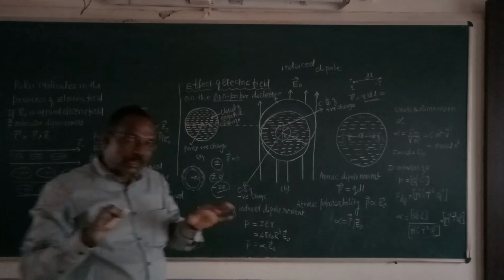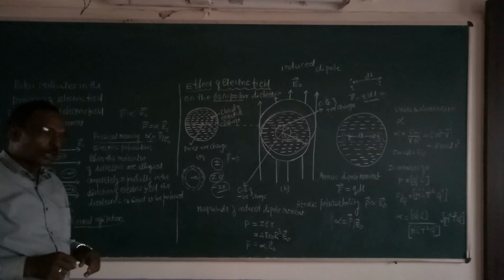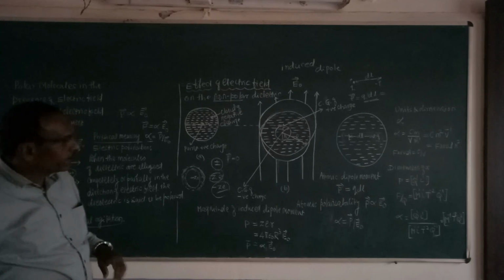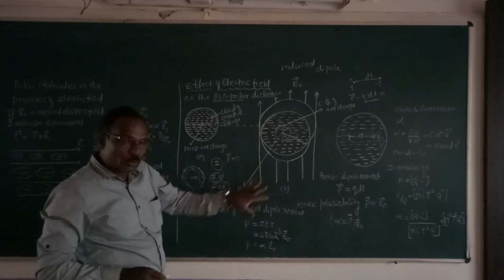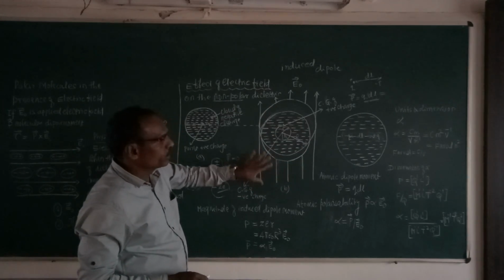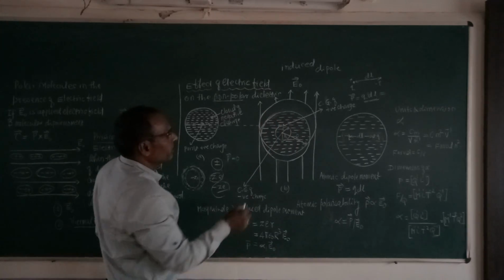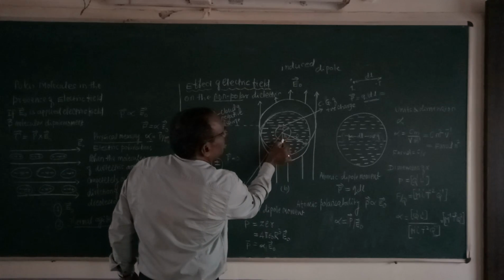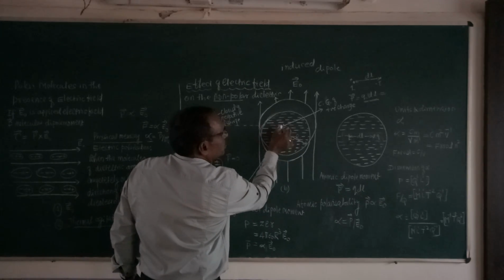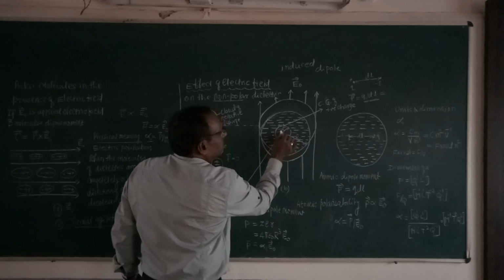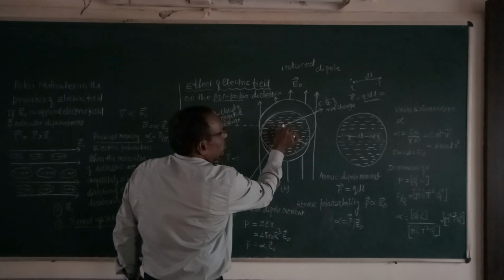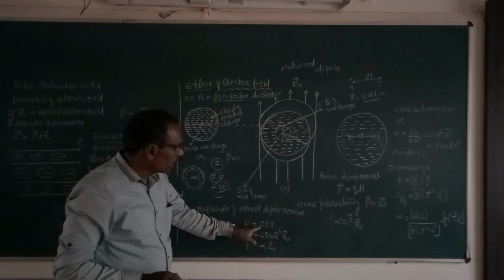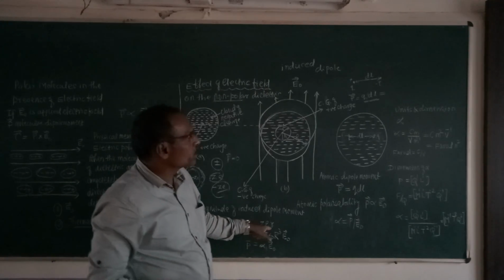Now, how do we calculate this dipole moment? The magnitude of this induced dipole moment can be obtained using this figure. If capital R is the radius of this sphere and small r is the distance between the positive and negative charge, we get charge into distance.